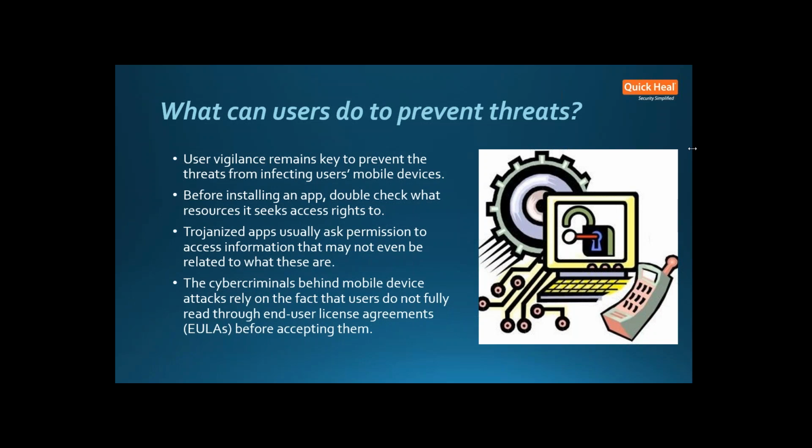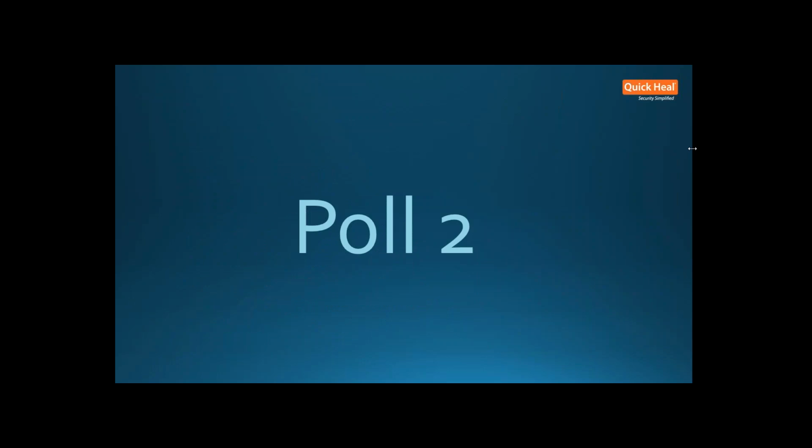It's the user's responsibility here to read through all the permissions, understand what these permissions are all about, and then install or uninstall the app. I mean, the step needs to be taken after you have known and understood these permissions.